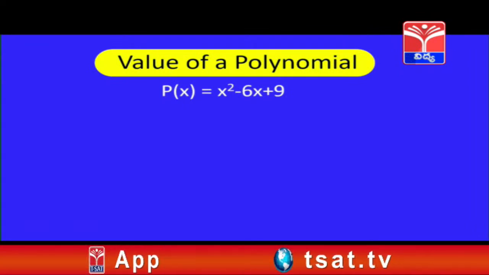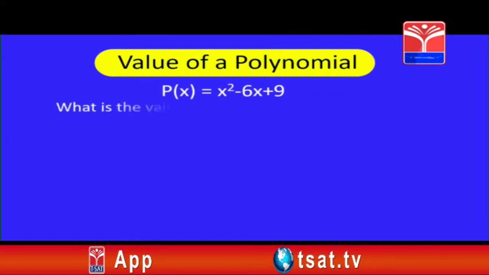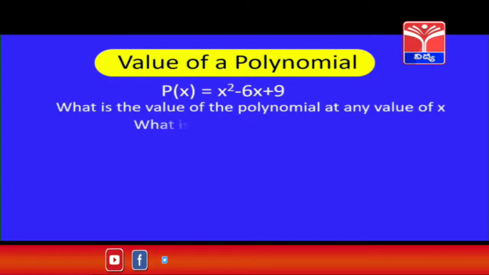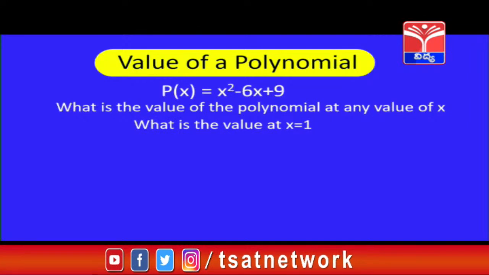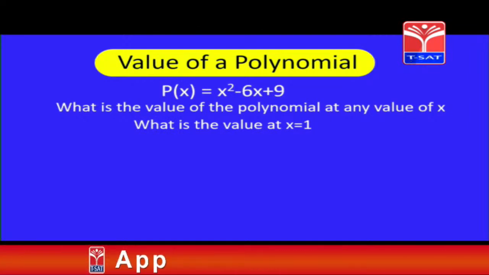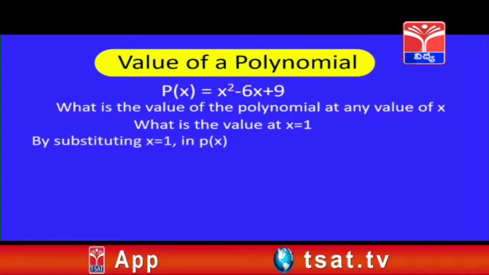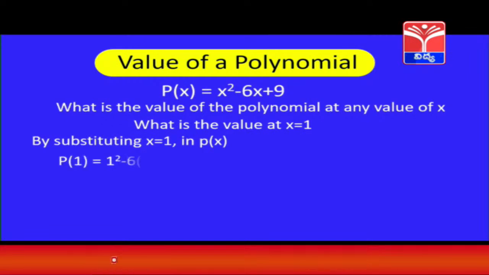How to find the value of this polynomial at various values of the variable x? What is the value of this polynomial at x is equal to 1? If you take x is equal to 1, what will be the value? For this, we have to substitute x is equal to 1 in this polynomial. Replace x with 1. The polynomial becomes like this.